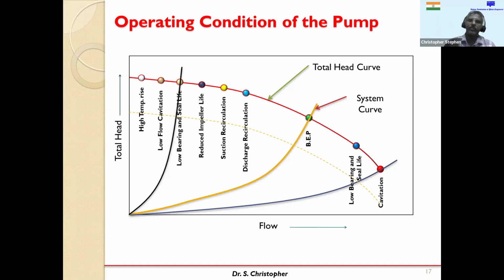What will happen? The same water will be repeated again and again. The temperature will rise, and because of that the mechanical seal and everything can be damaged, and this can lead to cavitation and high temperature rise. So these should be avoided. That's the reason we need to operate the pump within the best efficiency zone.